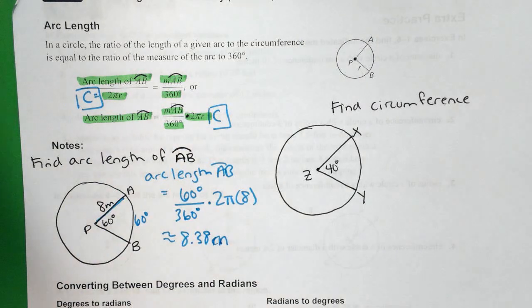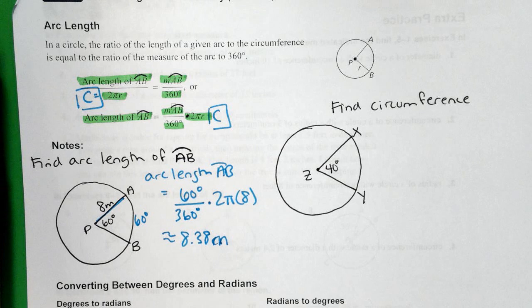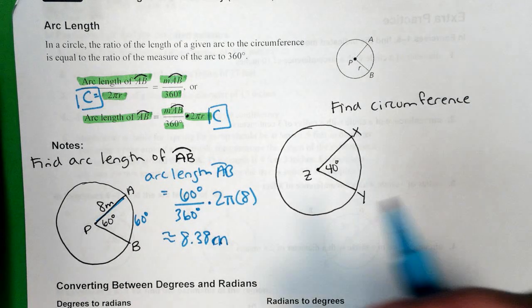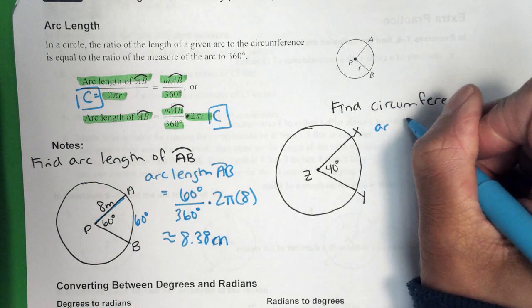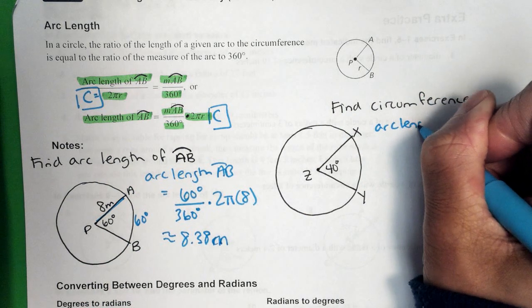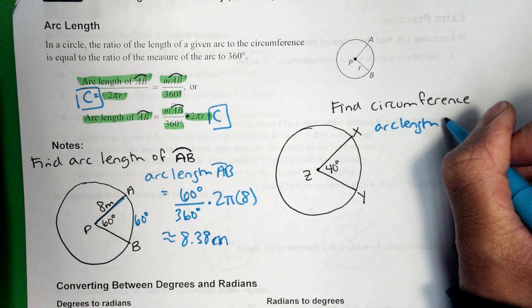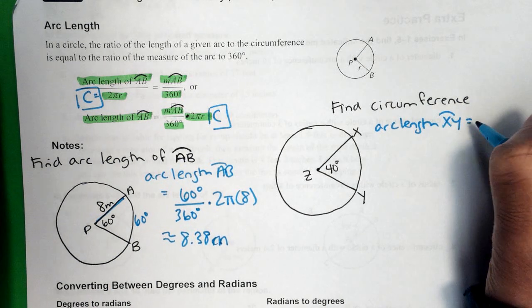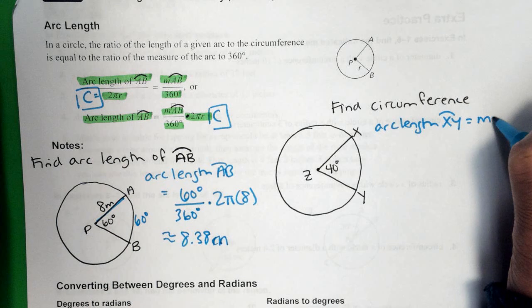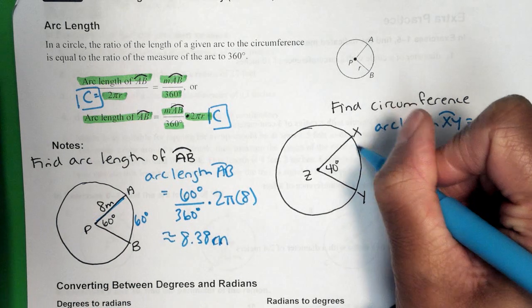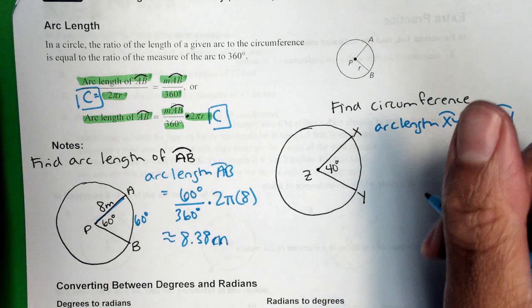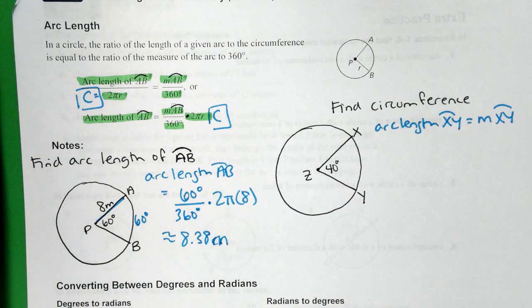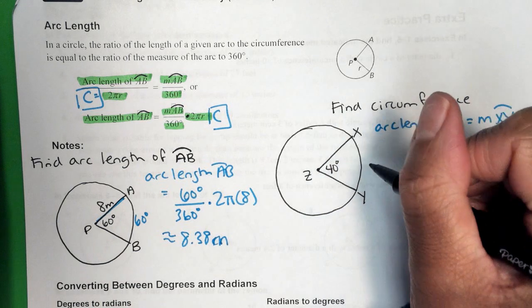Our second example is finding the circumference. Remember, the circumference was 2 pi r, and so we know that we can probably use the first one. So we know that the arc length of xy is equal to the measure of xy, so this part, I apologize, I'm missing a measurement.